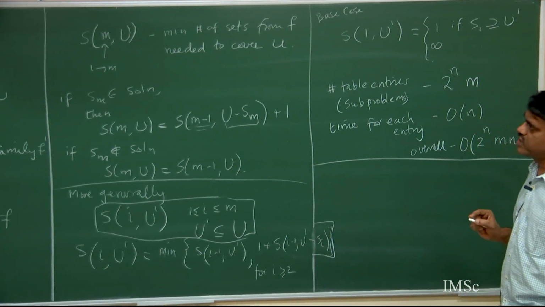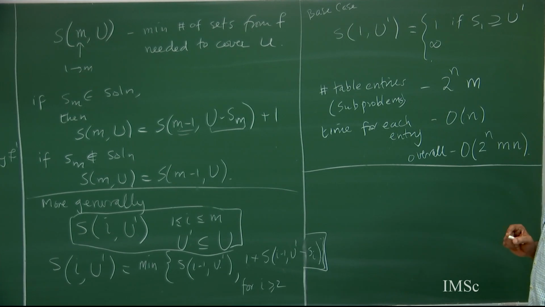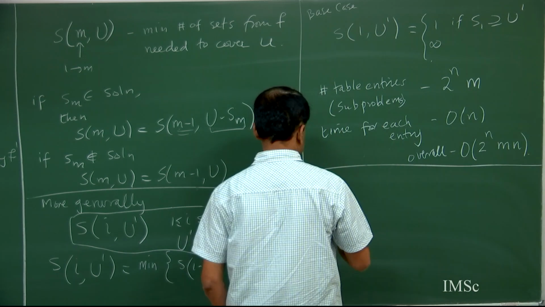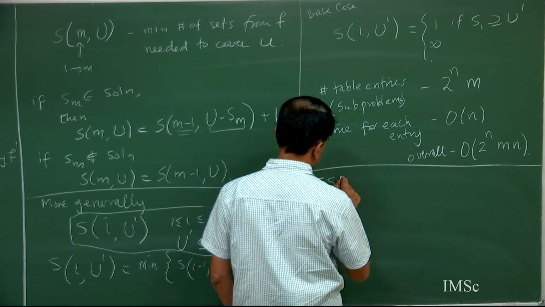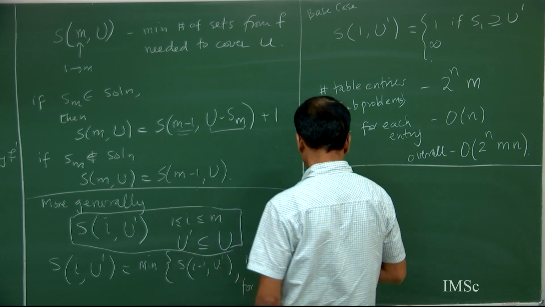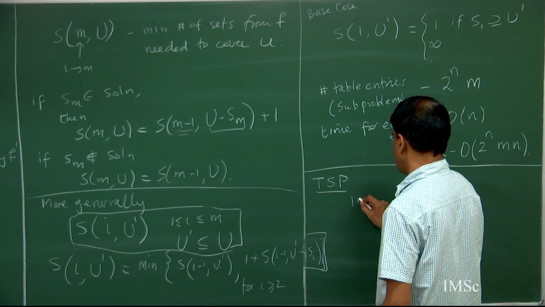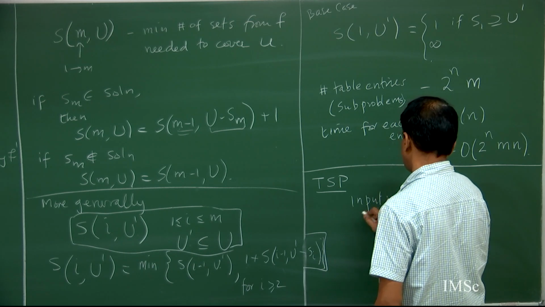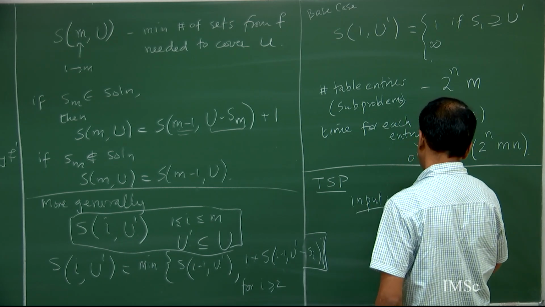This is like a covering problem. Okay. The other problem we want to look at is the traveling salesperson problem. What's the input? You have an edge weighted graph.